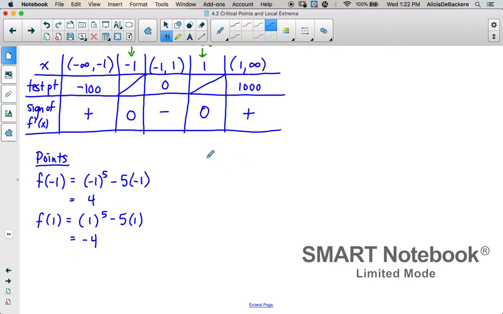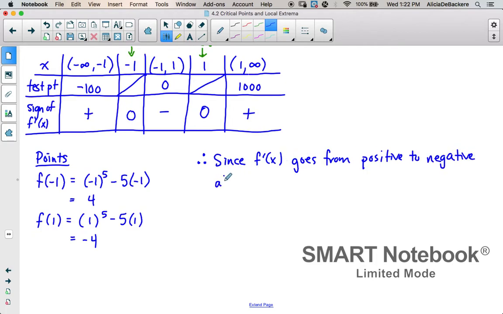And so what I figured out at this point, I'm summarizing here.